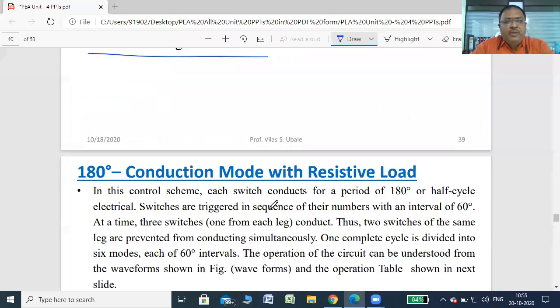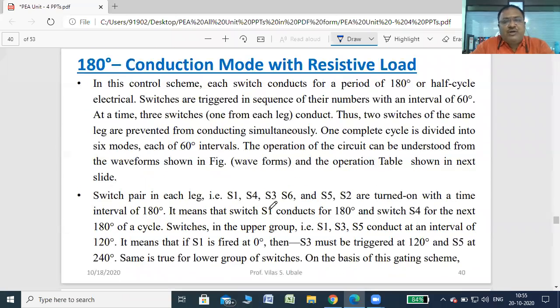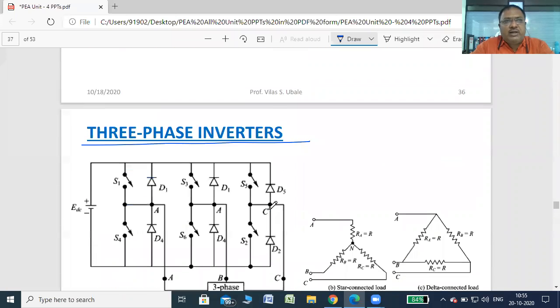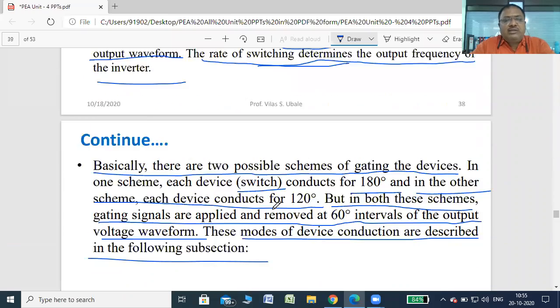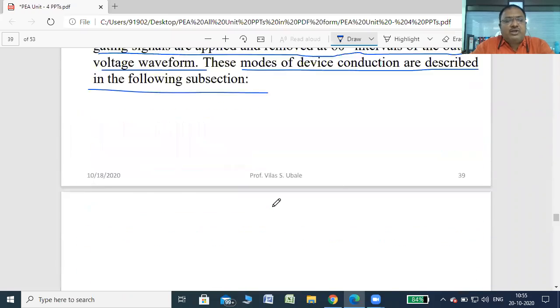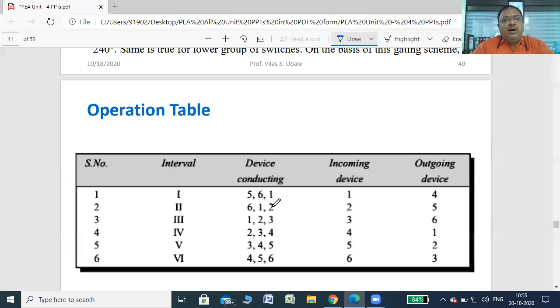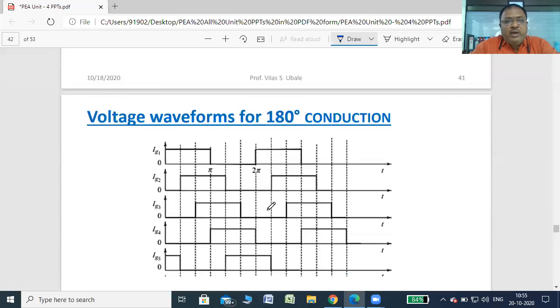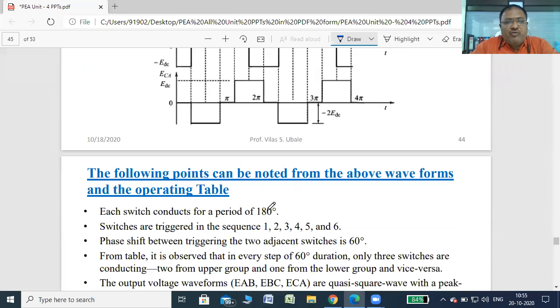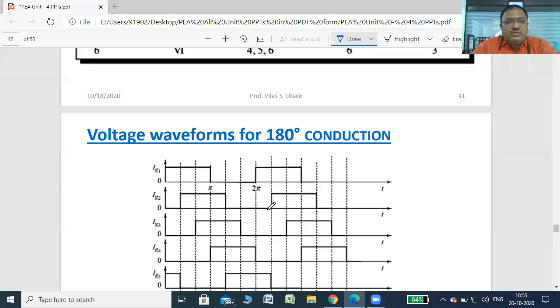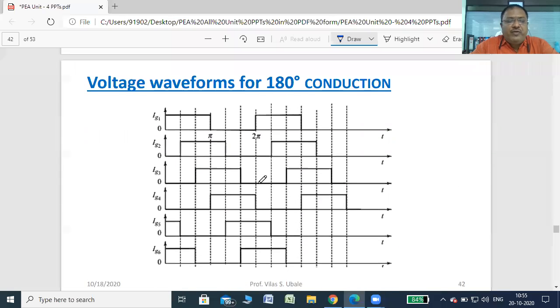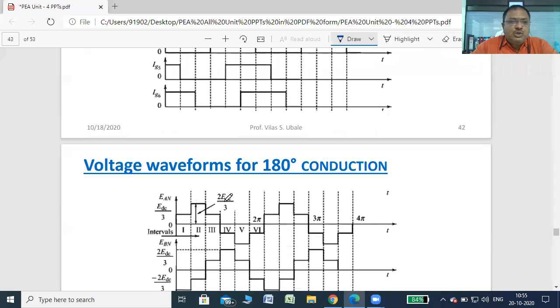So we will see 180 conduction mode first, and then we will see 120 conduction mode. Now I'll show you 180 conduction mode and the operation table. Then we will see the output waveforms. These output waveforms are not possible to fit in a single PPT, so try to understand these waveforms.